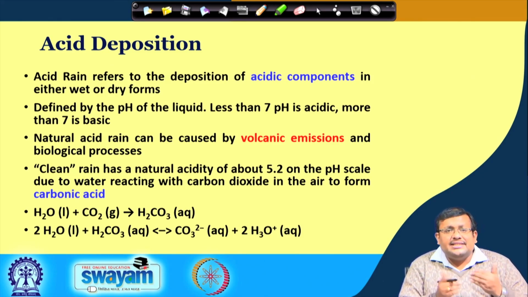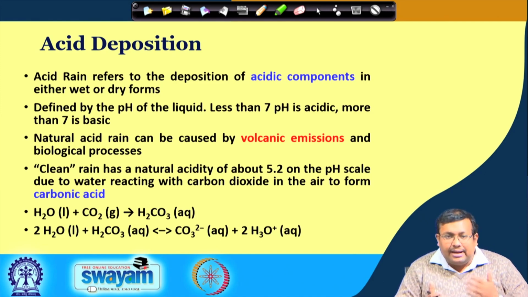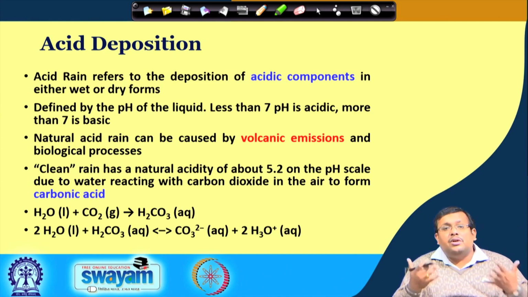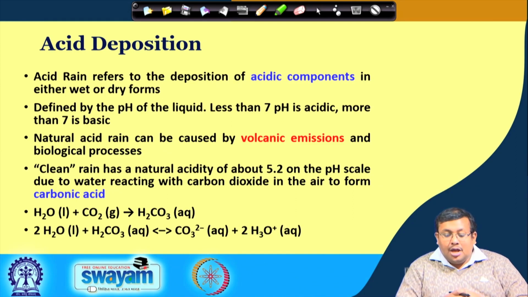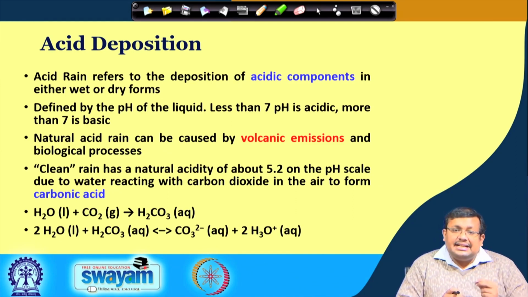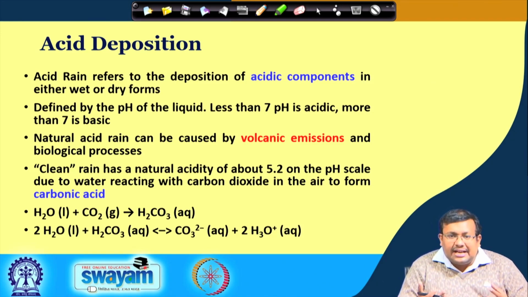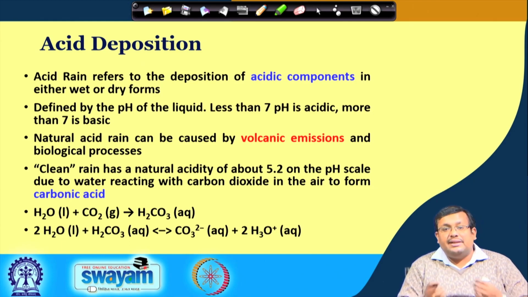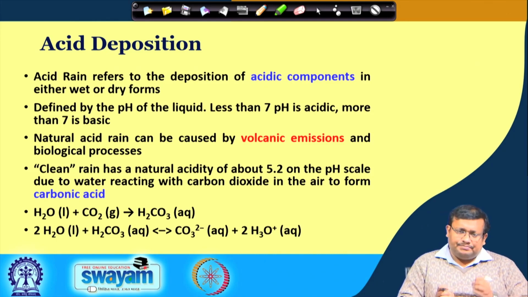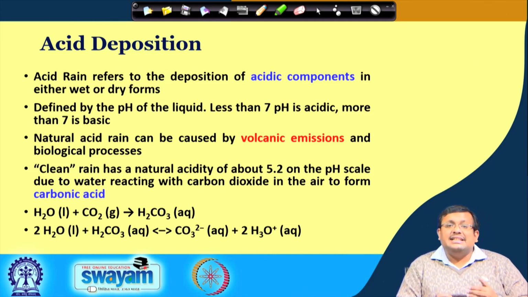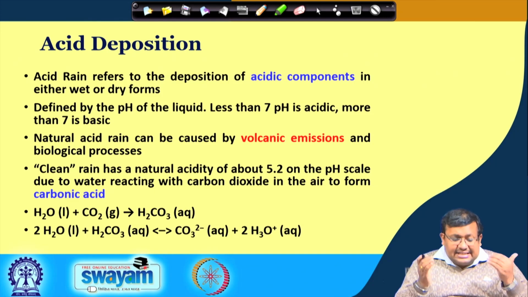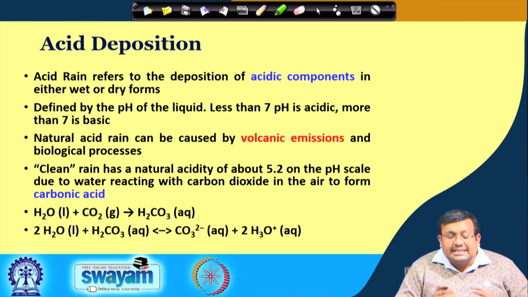And remember that in case of rain which we consider as clean rain, which is natural, it has a natural acidity of 5.2 on the pH scale, because this acidity is produced because of the presence of carbonic acid. Now you can ask me how this carbonic acid is formed. Basically, when water reacts with the carbon dioxide present in the atmosphere, they form carbonic acid, which is a mild acid, and as a result this clean rain has an acidity of 5.2.